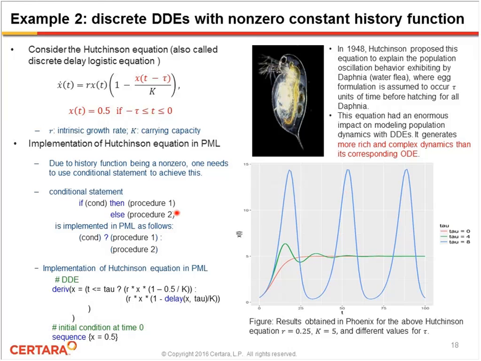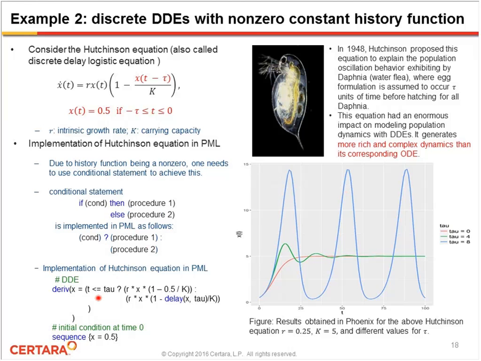Now here I just want to show you how to implement this in PML. Since the history function is non-zero, we need to use the conditional statement to achieve this. Here's the way to implement the conditional statement in PML. With this, you can implement the Hutchinson equation in PML as this one.